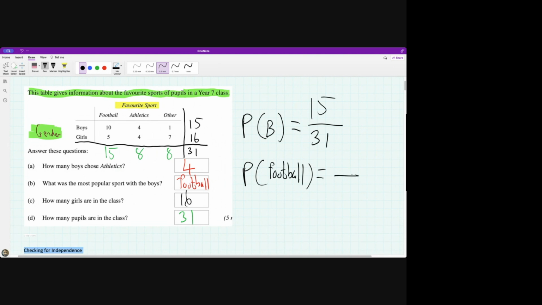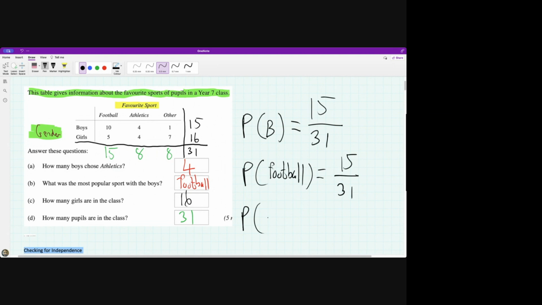Well, it's still going to be out of 31. And how many people? I go to the football column and I get 15 out of 31. Well, isn't that useful? Okay, so that wasn't so bad. Also 15 out of 31. Okay, last one before I move on.